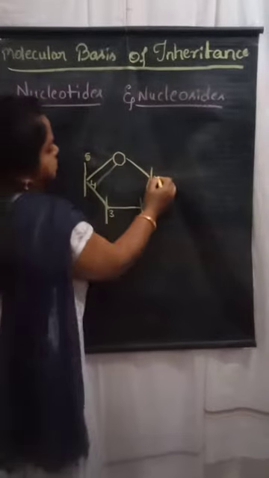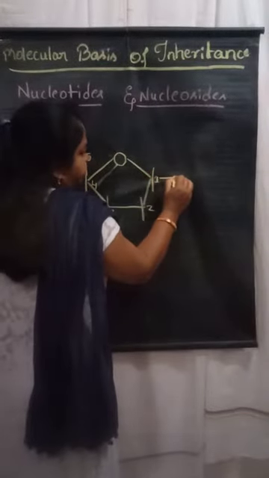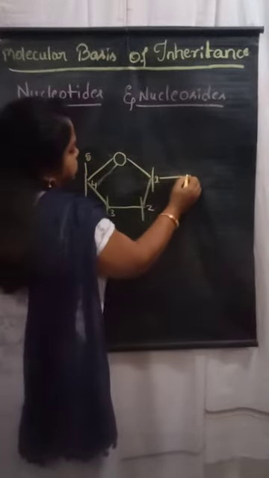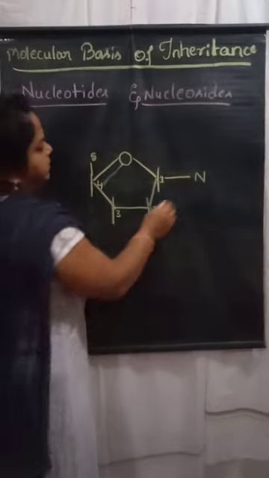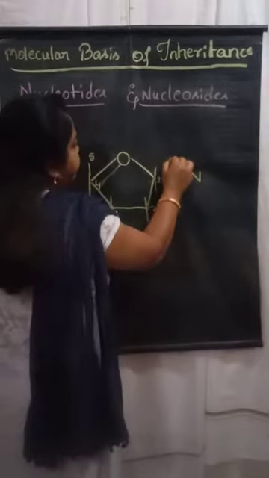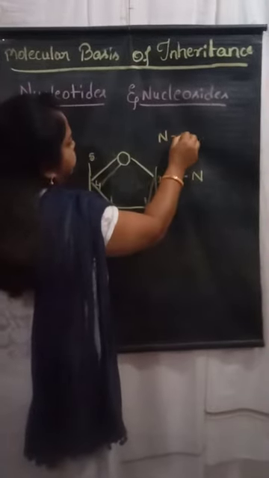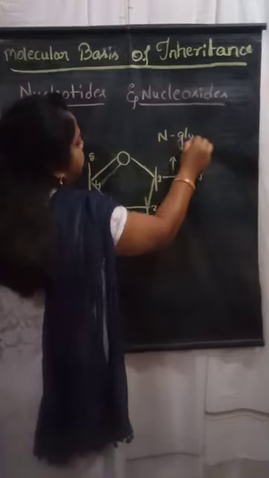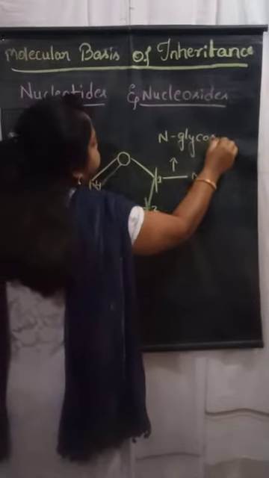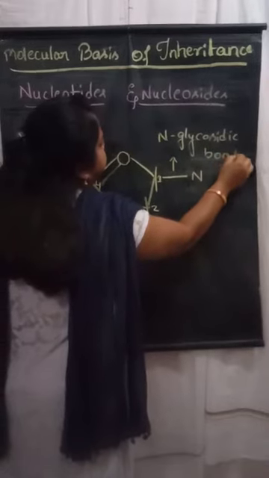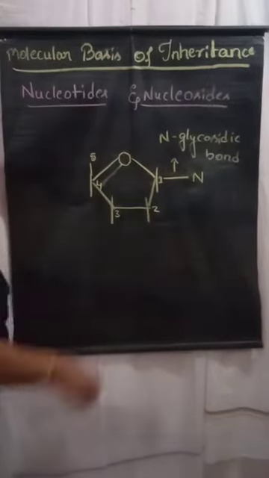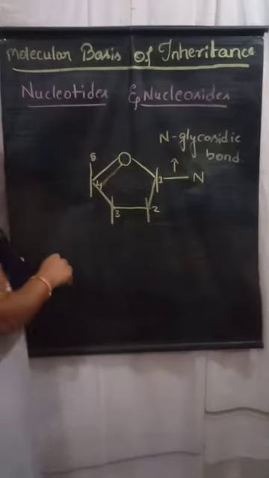It is attached to carbon number 1 of the pentose sugar by the formation of a bond, which we call the N-glycosidic bond.